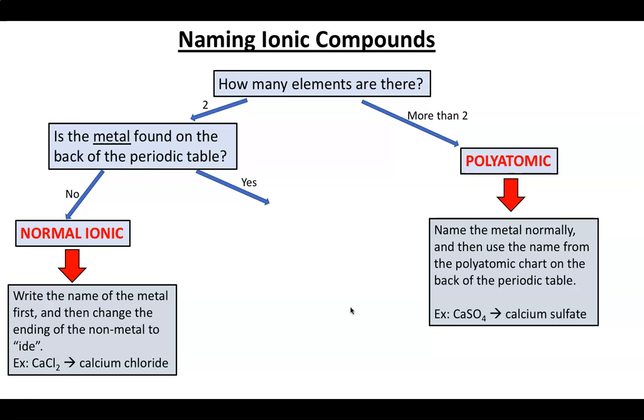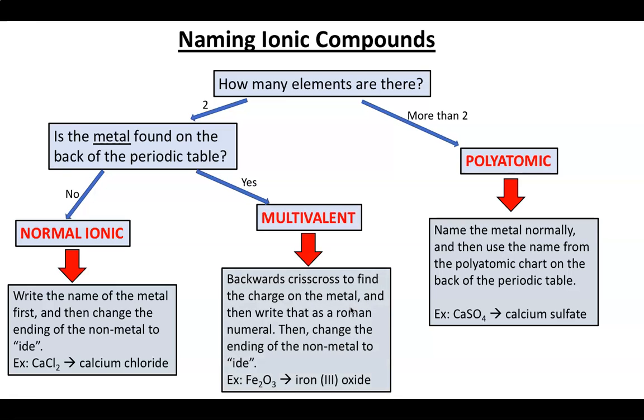If the metal is found on that chart on the back of your sheet, then you have a multivalent compound. For that one, you have to be able to say which version of the multivalent metal you're talking about. This is where we use the backwards crisscross to find what the charge on the metal would be, and then you write that charge as Roman numerals in the name.